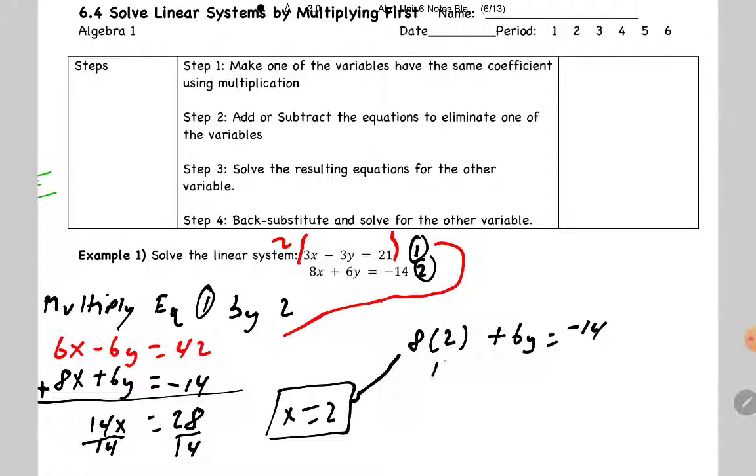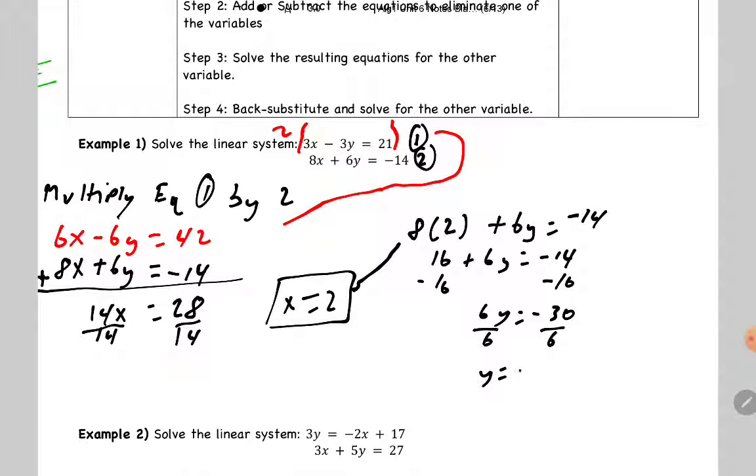So I have 16 plus 6y equals negative 14. Subtract 16 over to both sides, and I'll get 6y equals negative 30. Divide by 6 to get y equals negative 5. So my answer is 2 comma negative 5.